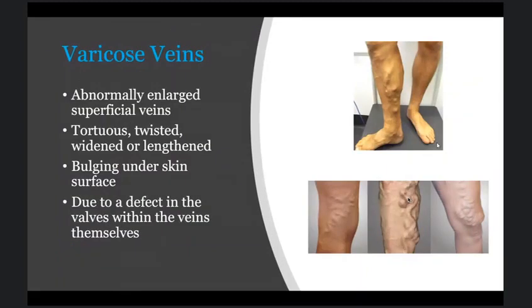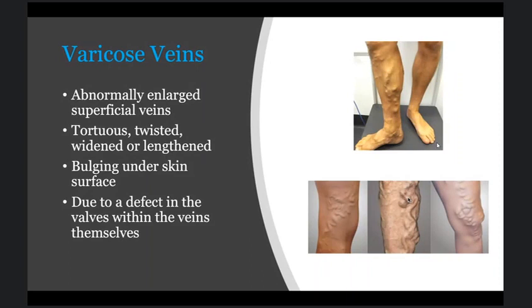Now, what about varicose veins? By definition, varicose veins are abnormally large superficial veins. They are tortuous, twisted, elongated, or widened, bulging under the skin surface due to a defect in the valve within the veins themselves.